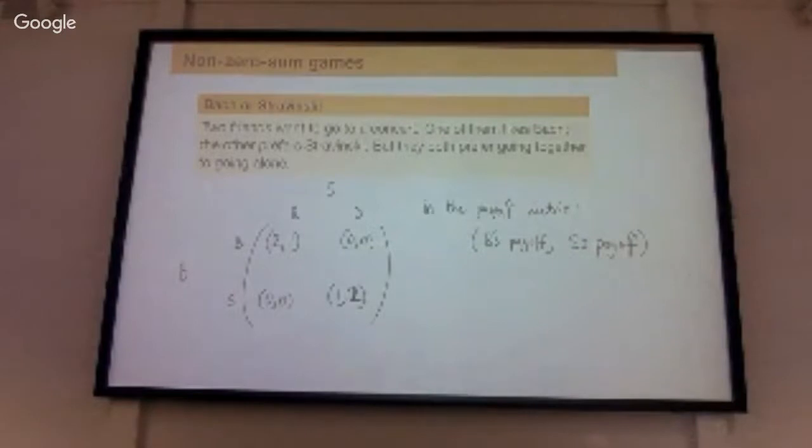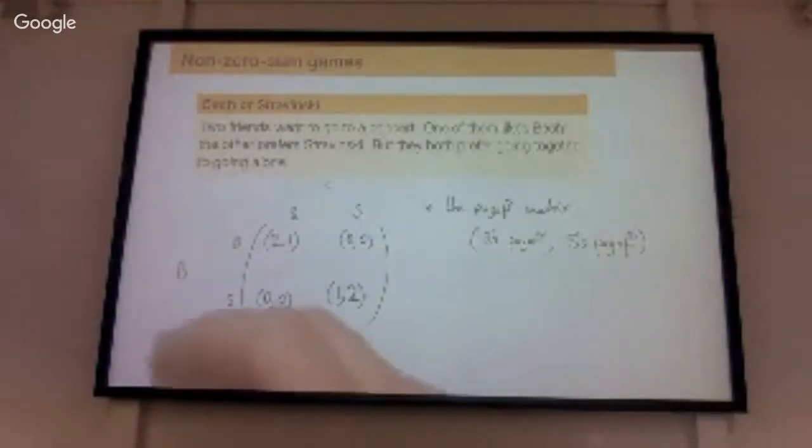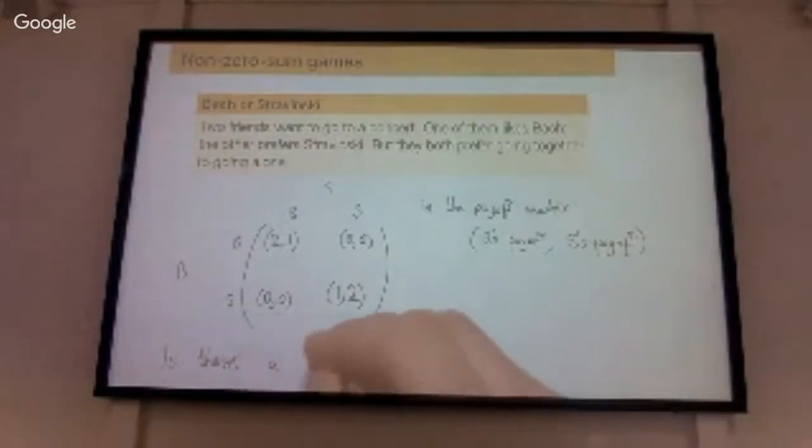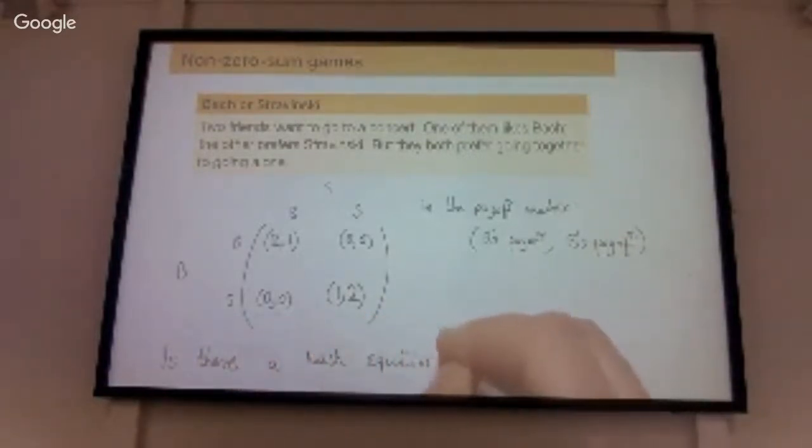So the question here is, is there a Nash equilibrium in this game? Can you find one?